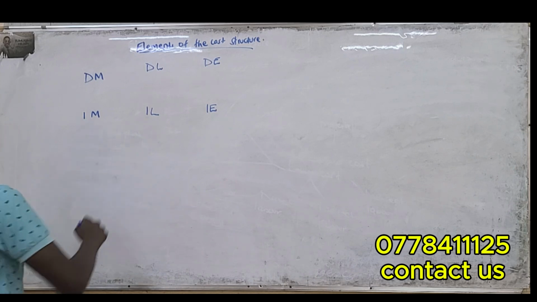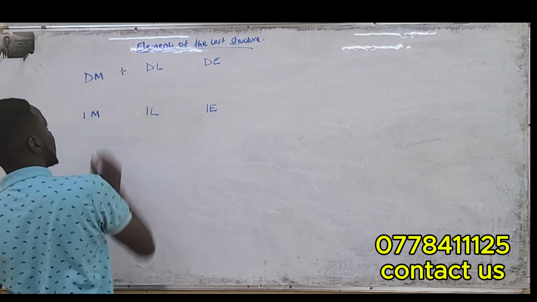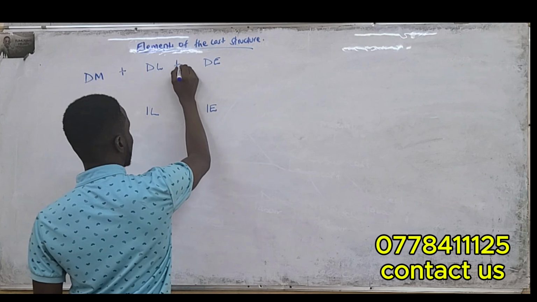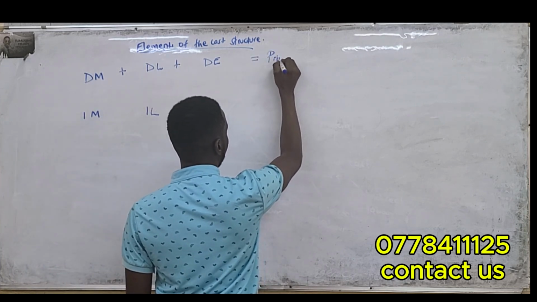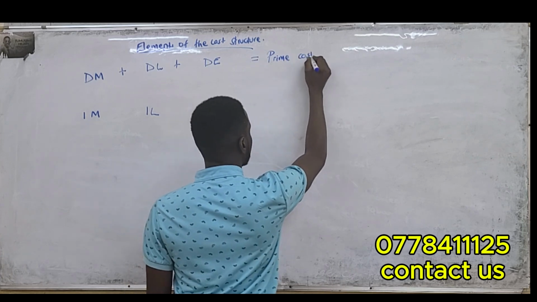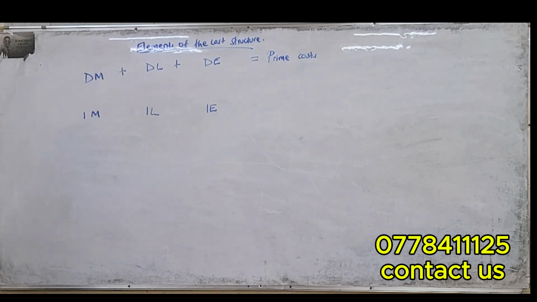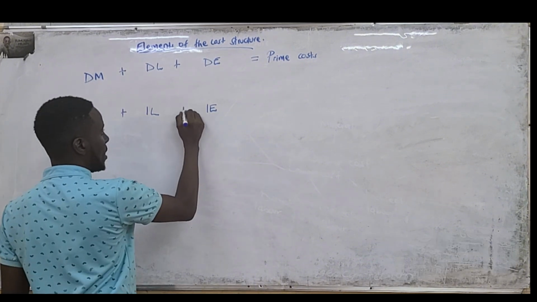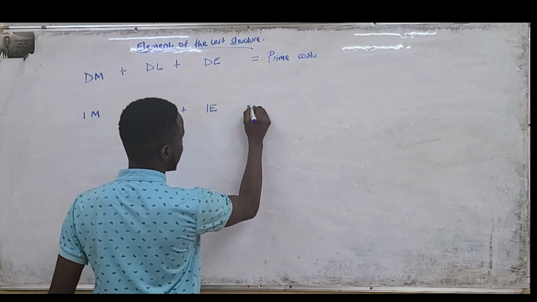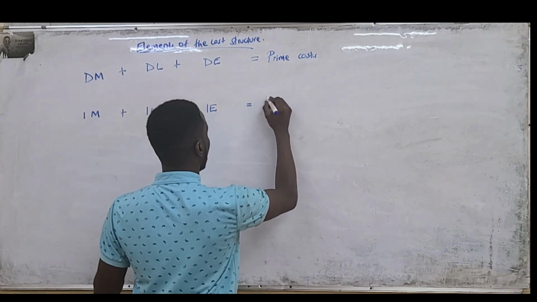But I say that direct materials plus direct labor plus direct expenses give us what we call prime costs. Now, indirect materials plus indirect labor plus indirect expenses give us what we call overheads.